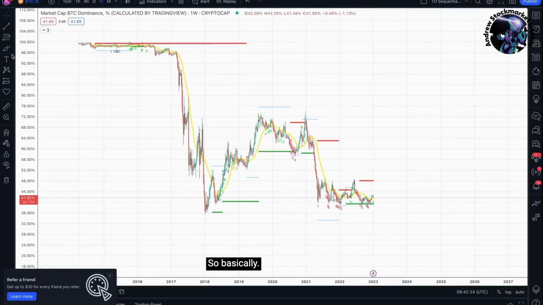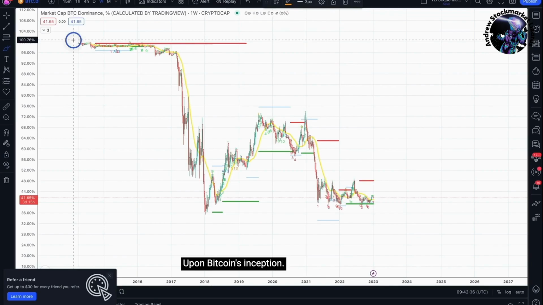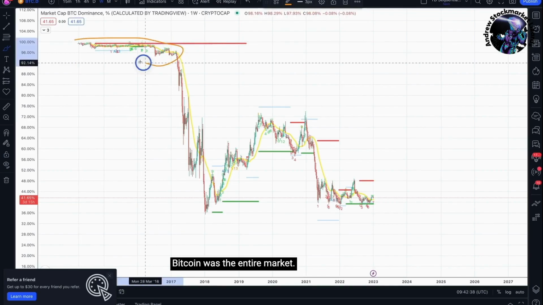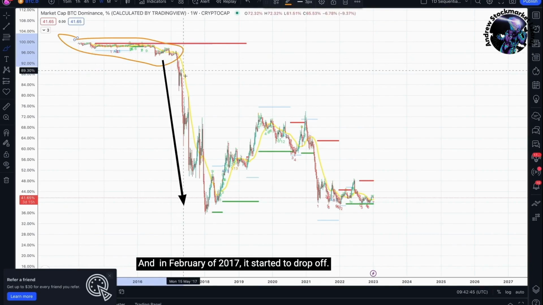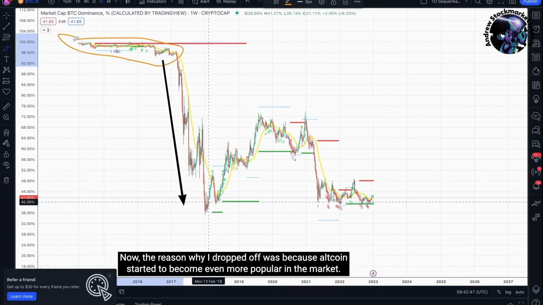So basically, upon Bitcoin's inception, Bitcoin was the entire market, as you can see. And in February of 2017, it started to drop off. Now, the reason why it dropped off was because altcoins started to become even more popular in the market.